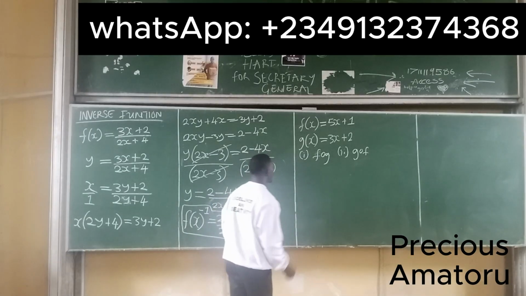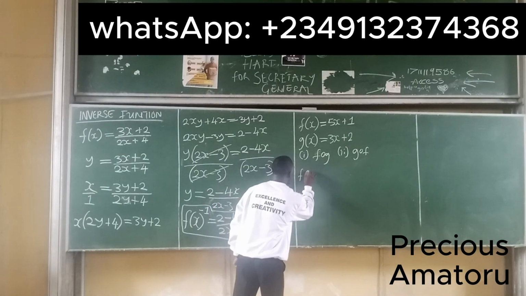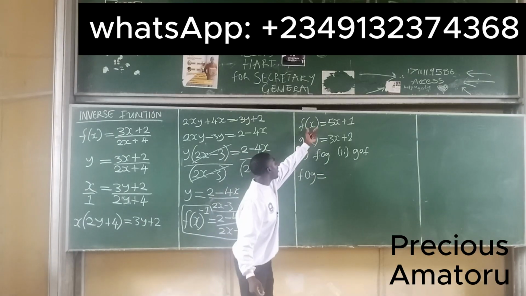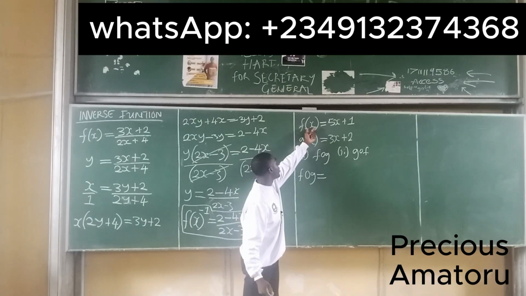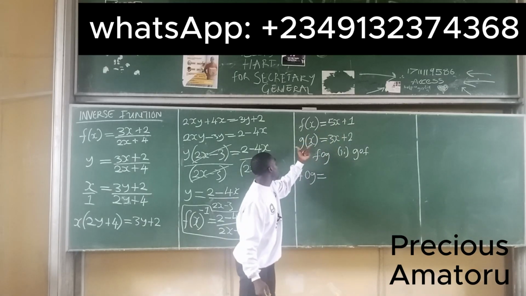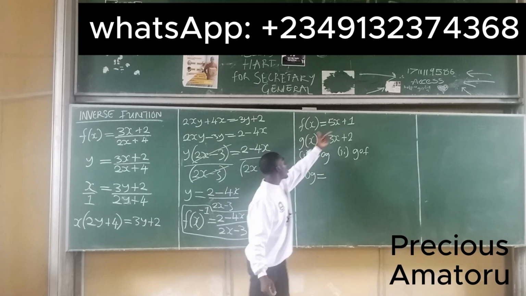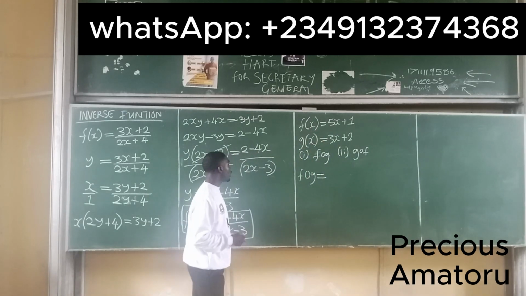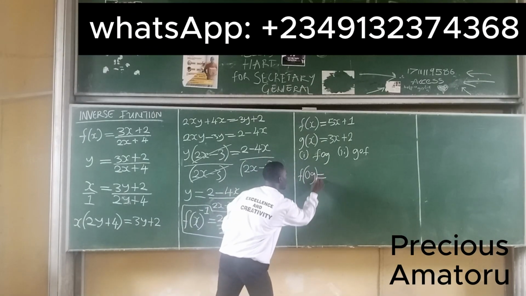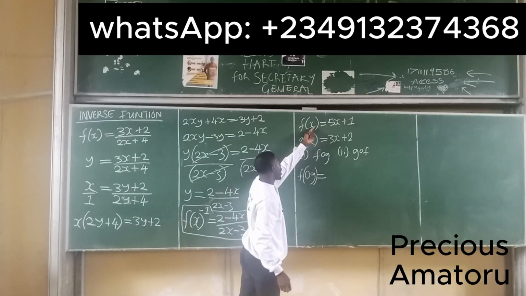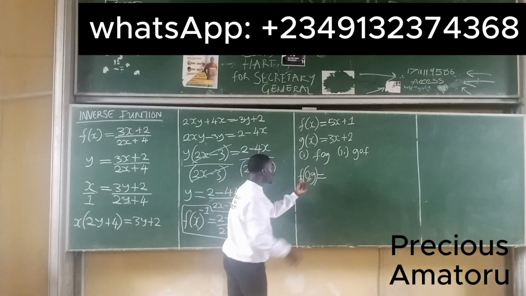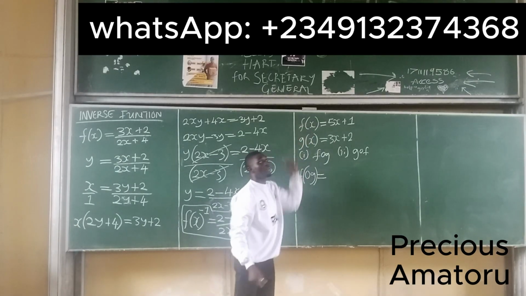For the first one, f of g basically means that instead of putting in x here, we take the value of g of x and put it in as x here. Instead of having x, we put the function that represents g of x into the function of f.